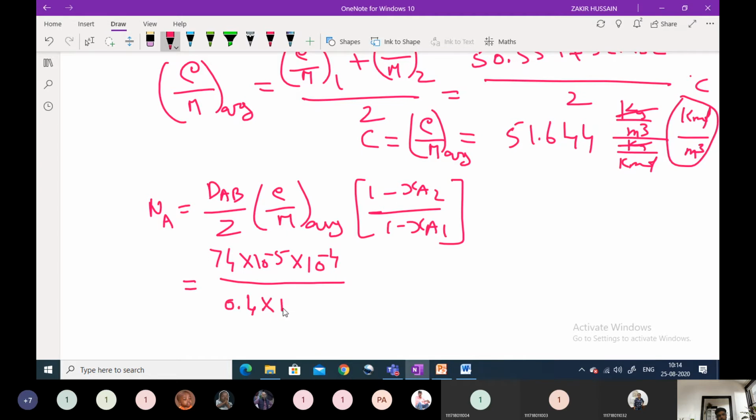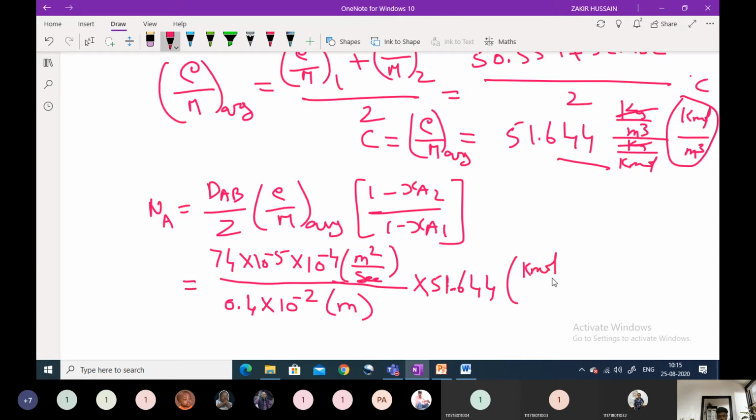We have to convert it into meters, so 10 power minus 2 meters. Units I am writing here: meter square per second, and meter for Z. Then rho by M average, which we just calculated, we can substitute: 51.644, whose units are kilomole per meter cube.